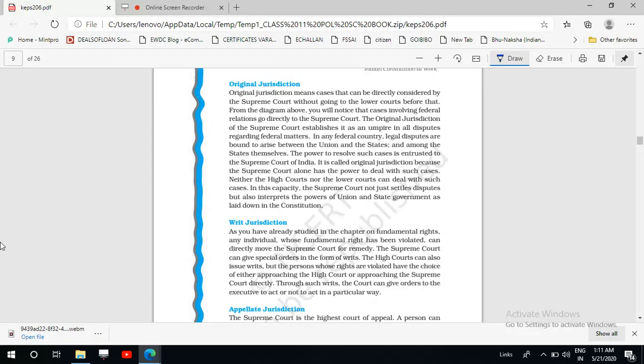So on one side there is the center plus one or more states, and on the other side is one or more states, or there may be a dispute between two or more states, and such disputes also come under the original jurisdiction of the Supreme Court. And in this regard, it is important to note that if there is any kind of dispute which is political in nature, then that type of dispute is not heard in the Supreme Court.